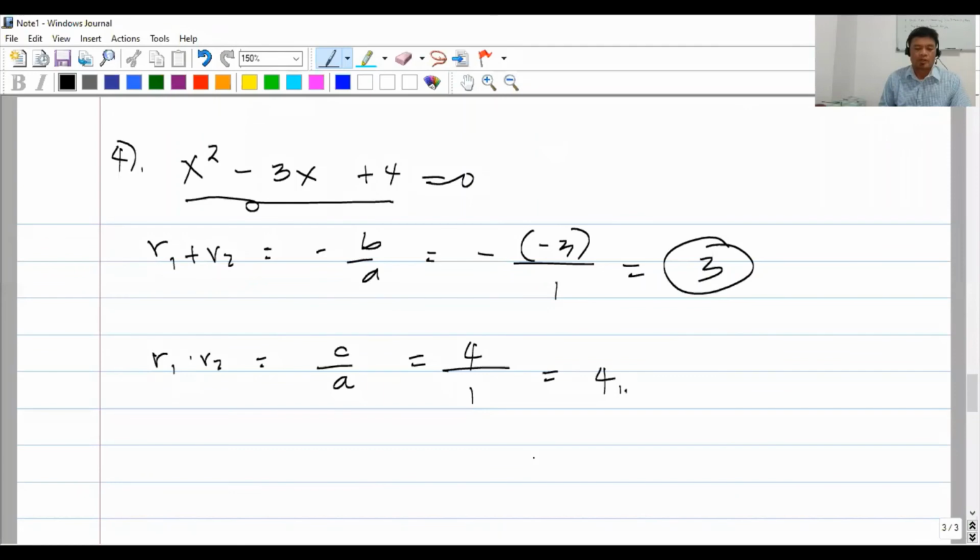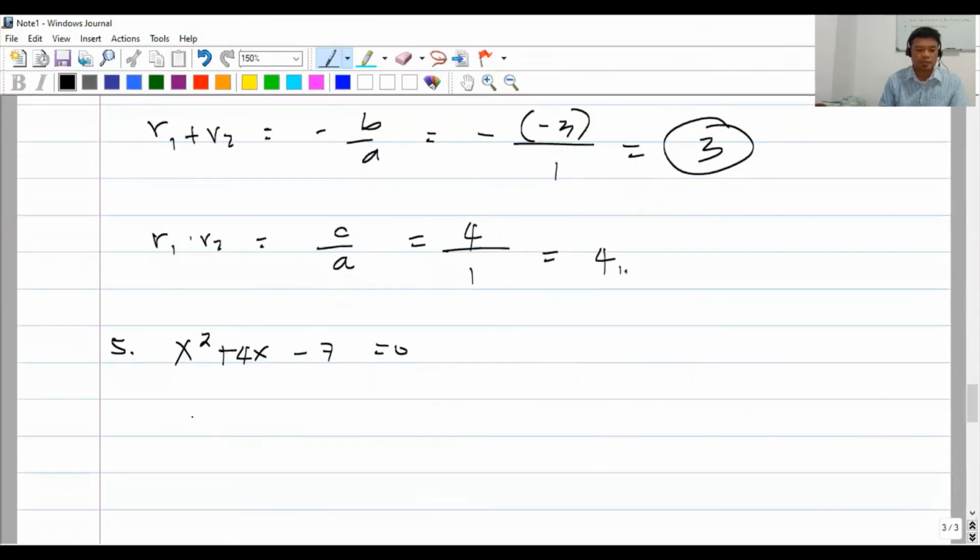To check whether our sum and product of the roots are correct, you can use the quadratic formula and then do the operations for sum and product of the roots. For number 5, we have x squared plus 4x minus 7 equals 0.